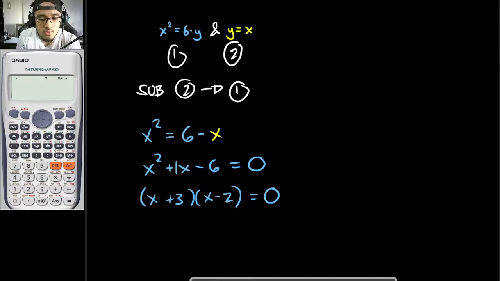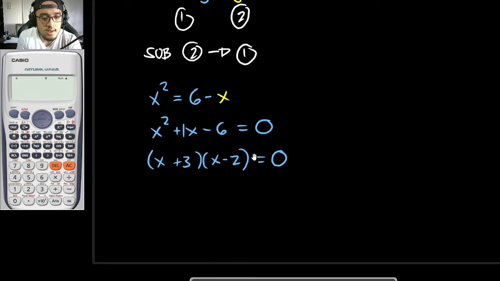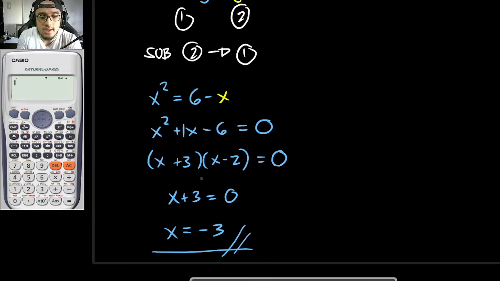To determine the values of x, we equate both of these factors to 0. So x plus 3 is equal to 0, and from that, x is equal to negative 3. This is our first value of x. As for the other, x minus 2 is equal to 0, so transposing, x is equal to 2.